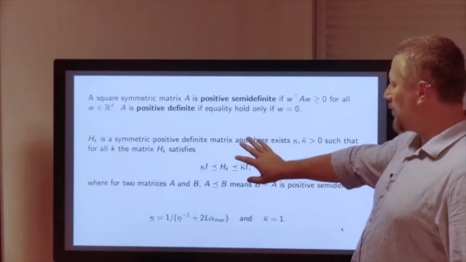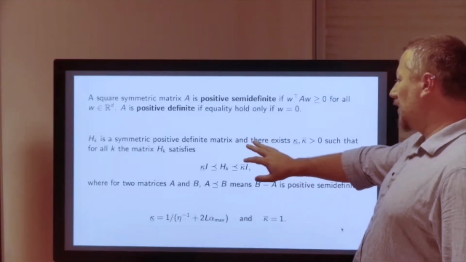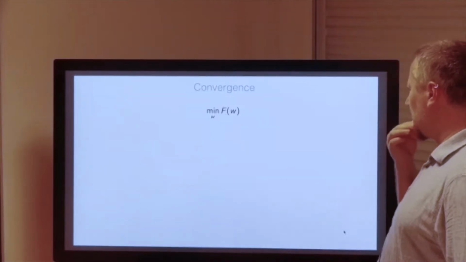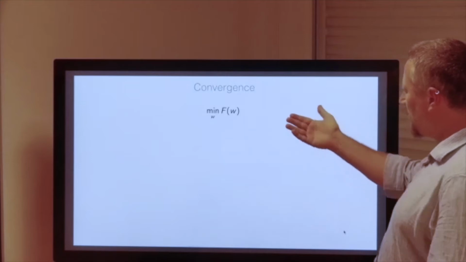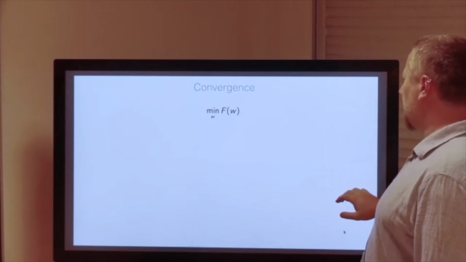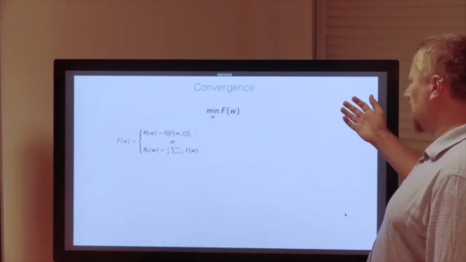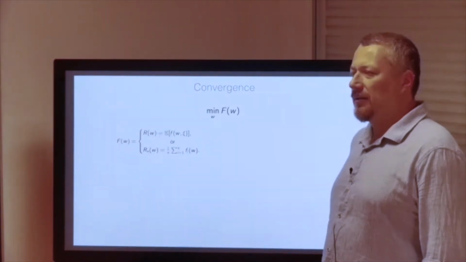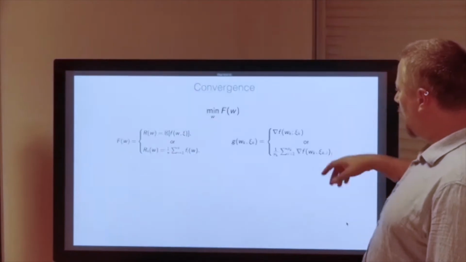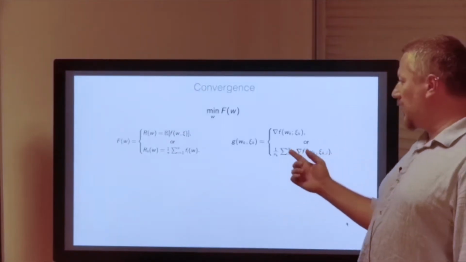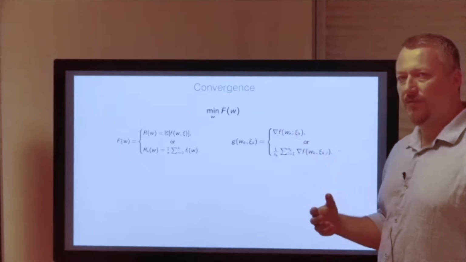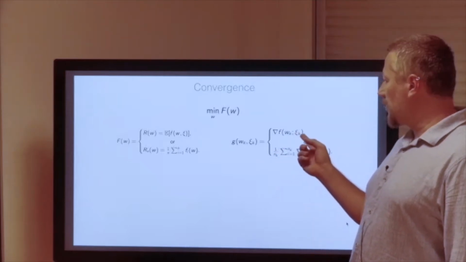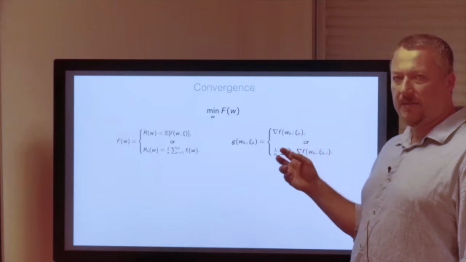But why is this property enough for showing convergence? Let me show you those results. Again, we want to minimize a function f of omega given by a finite sum, the empirical risk or the expected risk. Before, we were taking gradient steps where the gradient is either the gradient of the loss function at one data point determined by this random variable x_k. This x_k is a random seed.